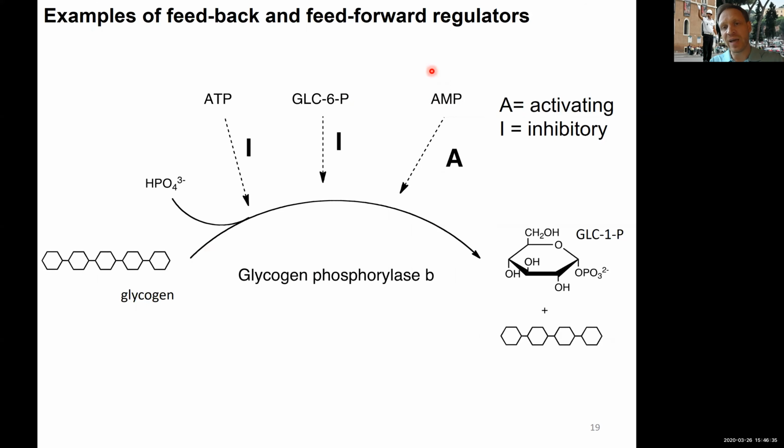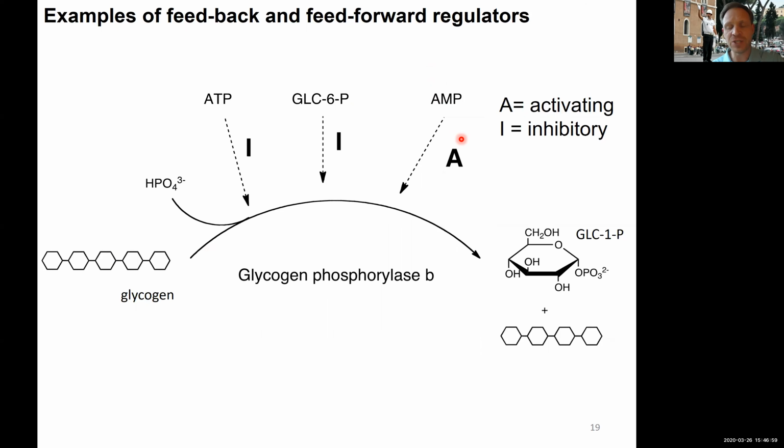On the other hand, AMP, our low energy warning signal, is an activator. So if this now tells you I have AMP, I'm running out of ATP, this makes sense now, right?